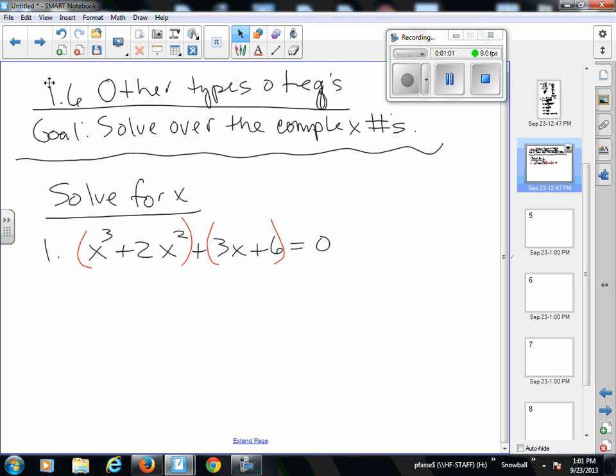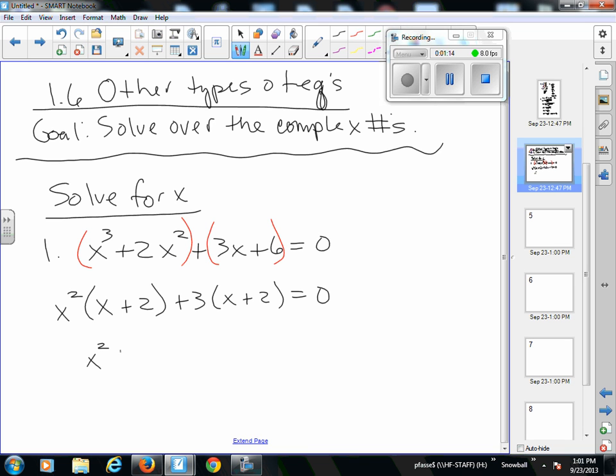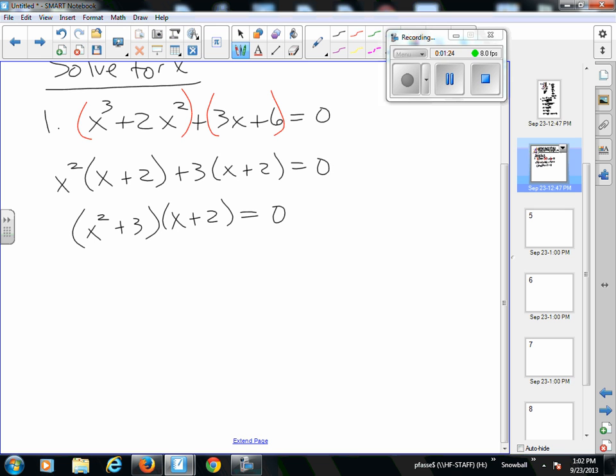For these, we have 4 terms. To solve, we have to group. We do a GCF. This is nothing different than what we've done before as far as grouping to solve. And now we have x squared plus 3 times x plus 2 equals 0. You can think of it as x squared plus 3 being multiplied by x plus 2, or you GCF out the x plus 2.